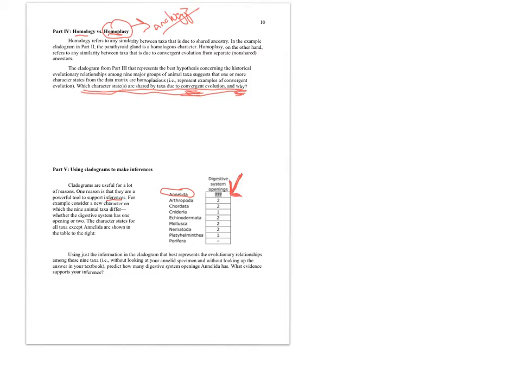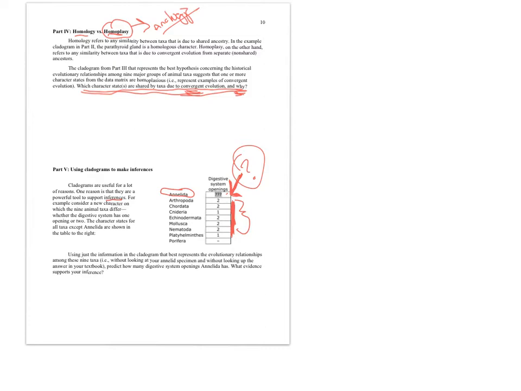So look at the data, look at your most parsimonious cladogram, put these traits on that cladogram, and then make an inference as to what you think an Annelida would have, considering what the organism it shares the most traits with has.